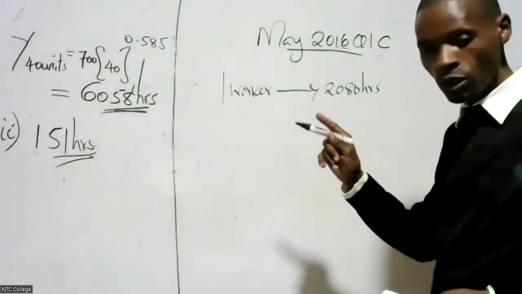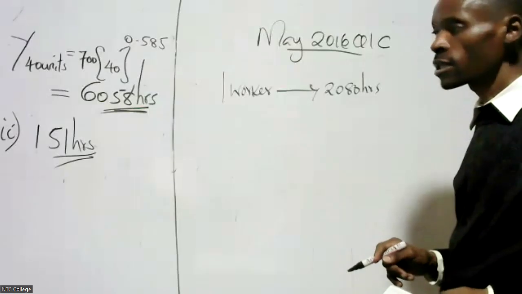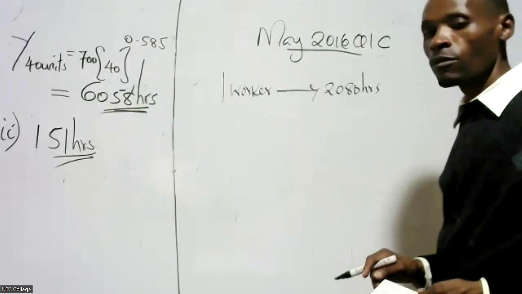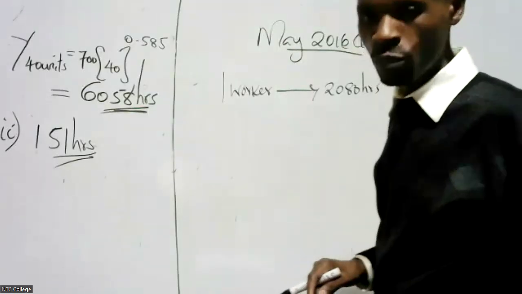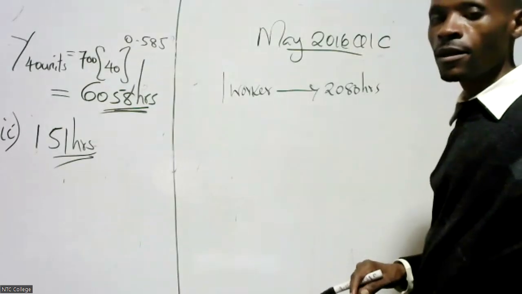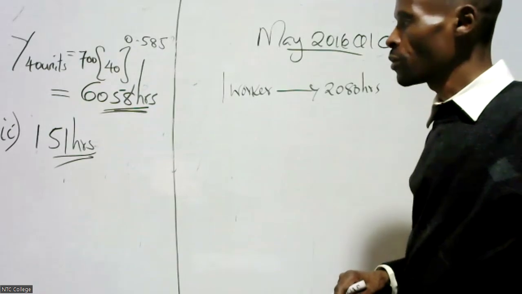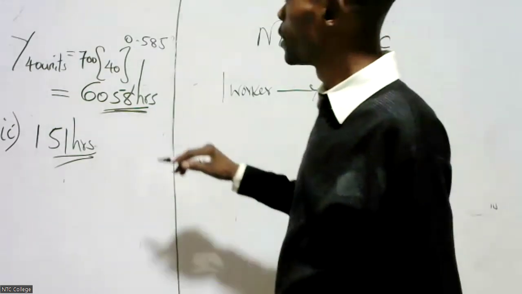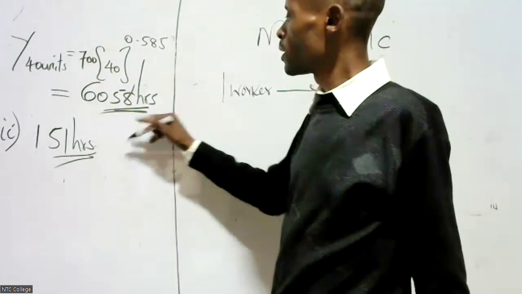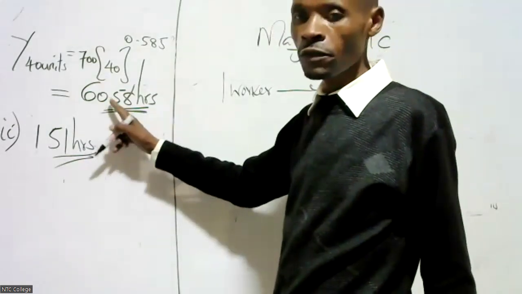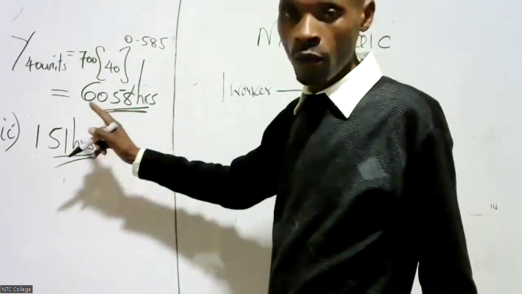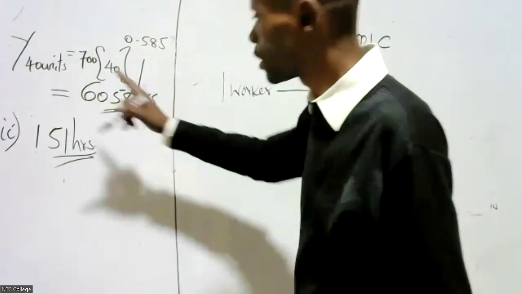This particular contract of ours, which has 40 units to be completed, we computed to take 60, 58 hours to complete in a year.